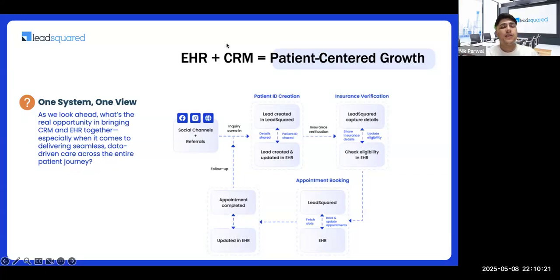And so as we look ahead, what's the real opportunity in bringing a CRM and EHR together, especially when it comes to delivering seamless, data-driven care across the entire patient journey?